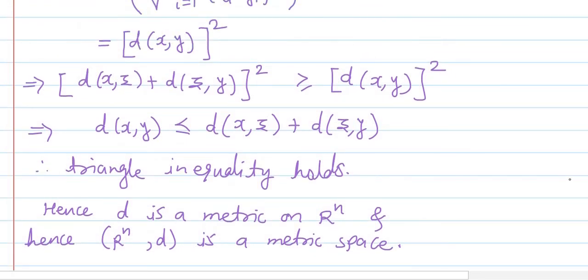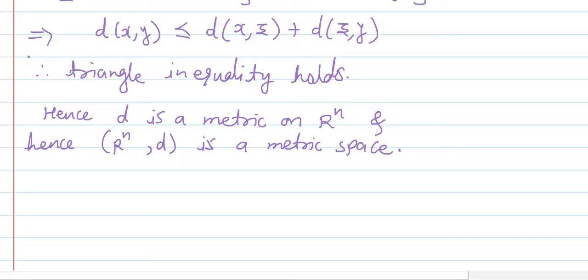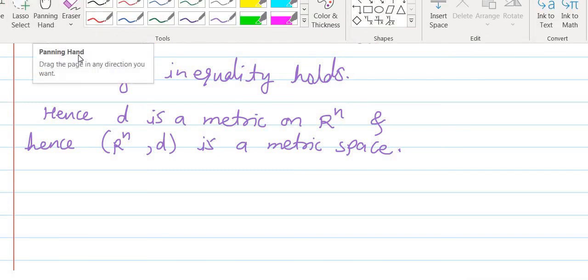Next, this metric space which we have just proved has a special name. It is called the Euclidean metric. We will mention that as a remark.